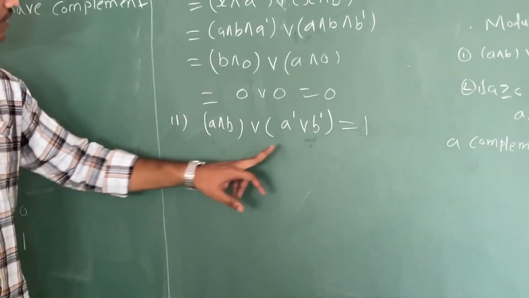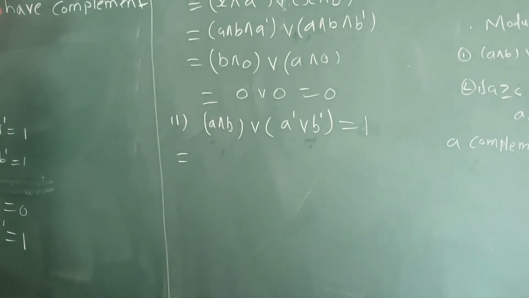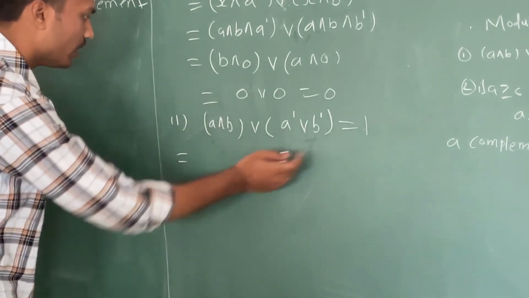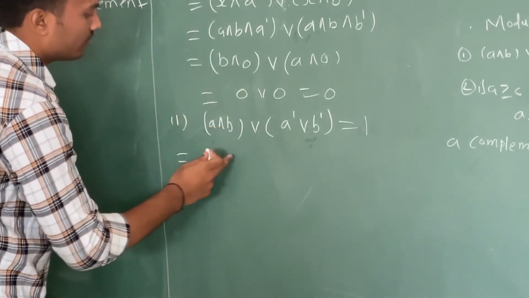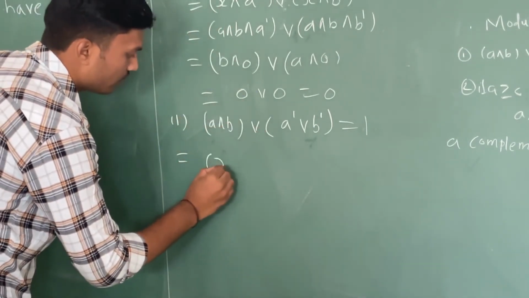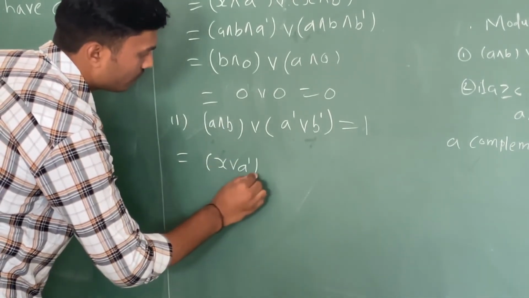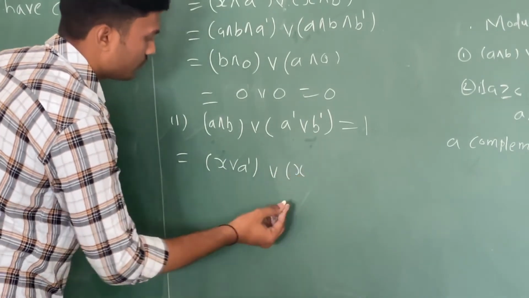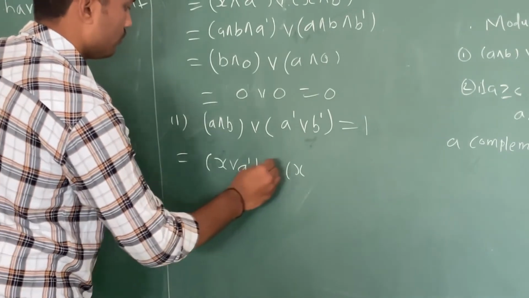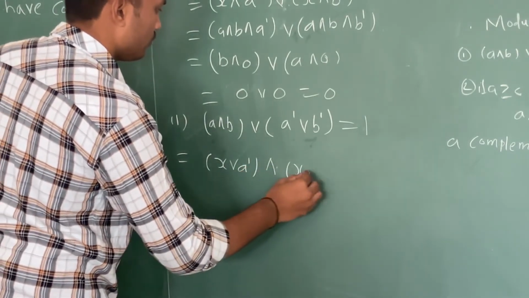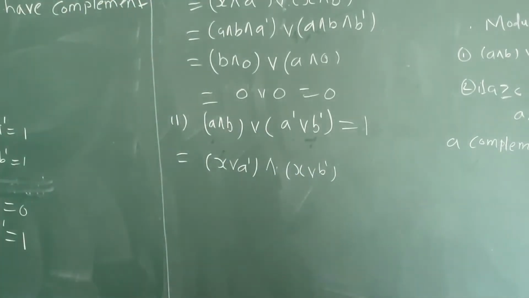Similarly, we can separate this also by using the distributive law. Hence, it is a distributive lattice, so we can use the distributive law. We can separate this. Call it x, and x join A dash join with x. In between you get meet.